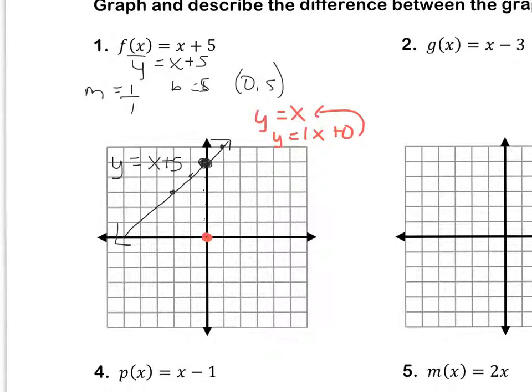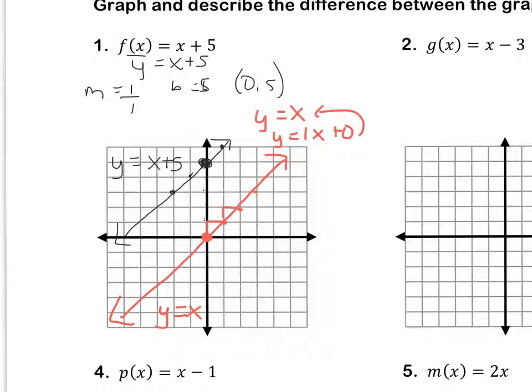You start and put a point at 0, 0, and your slope is 1, which means you go up 1 over 1, up 1 over 1, and so on. Then if you draw a line through it, it'll be right there. This is the parent function, and we're going to draw this on every single graph. So that's y equals x.